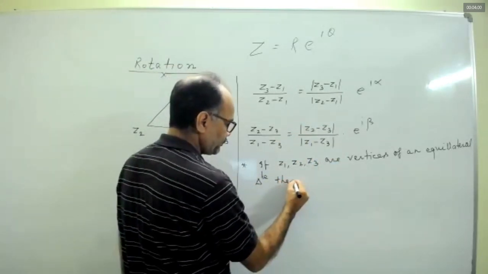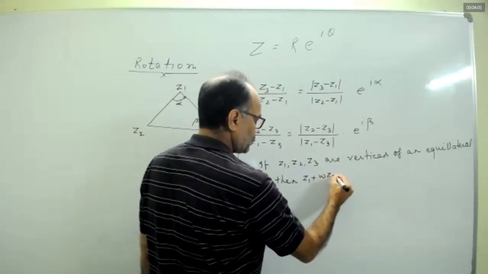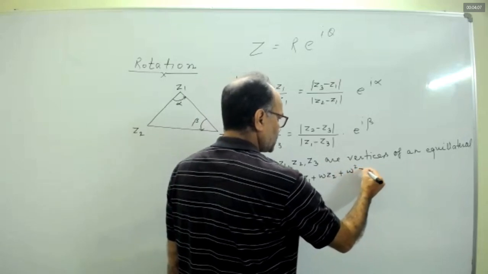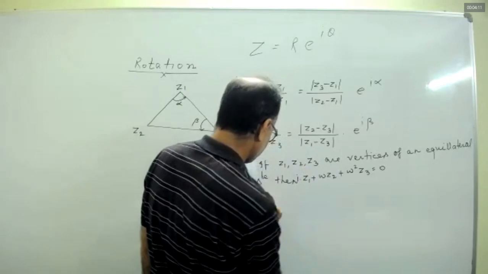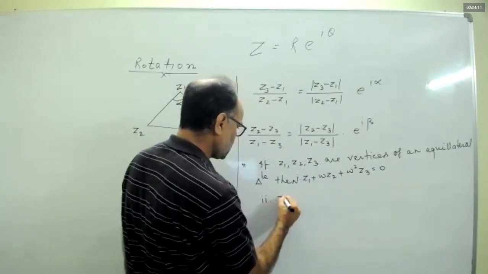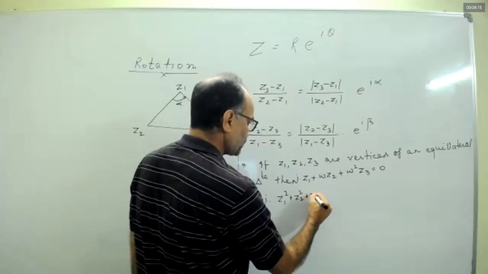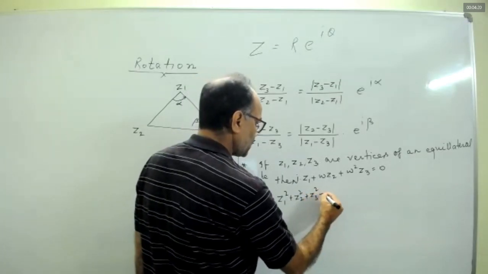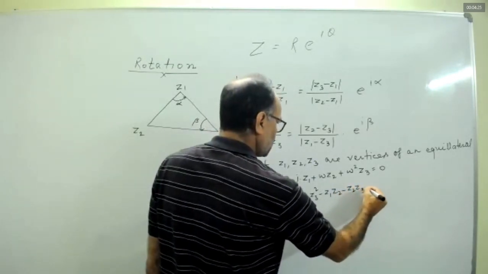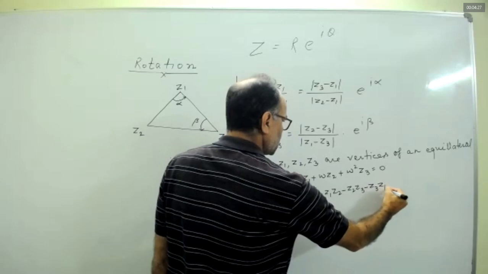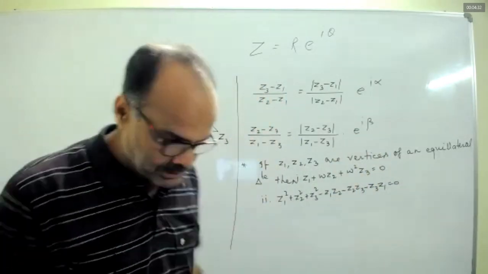Then this result: Z1 plus omega Z2 plus omega square Z3 equal to 0. That is the first result. The second result is Z1 square plus Z2 square plus Z3 square minus Z1 Z2 minus Z2 Z3 minus Z3 Z1. This is the basic result. Based on that, we can construct many questions.